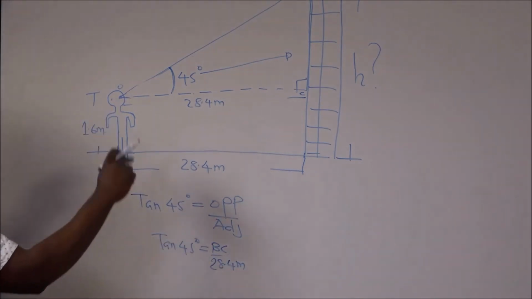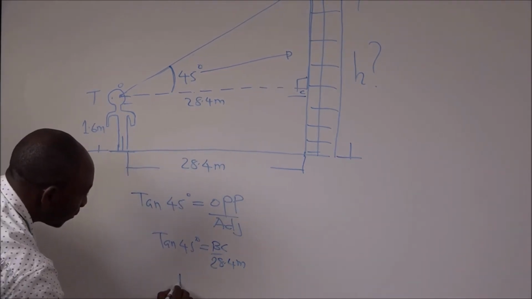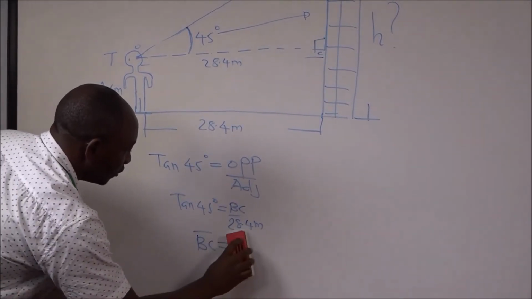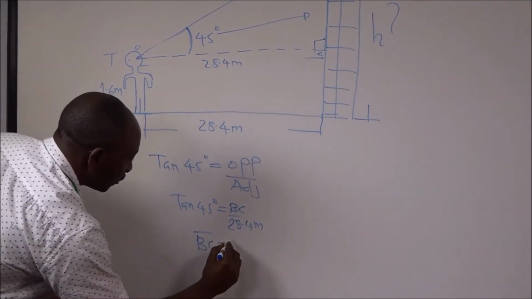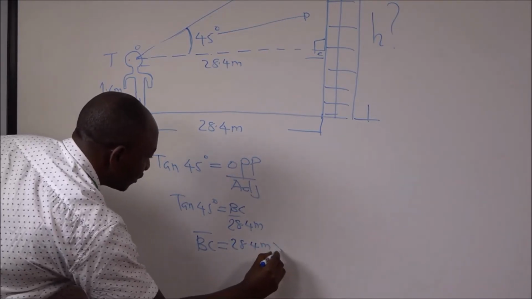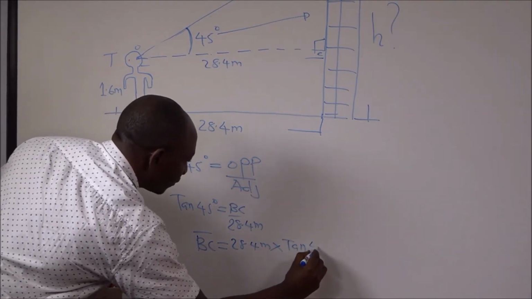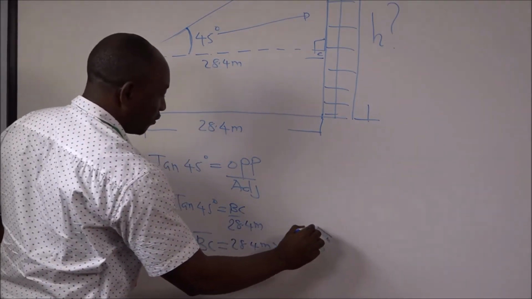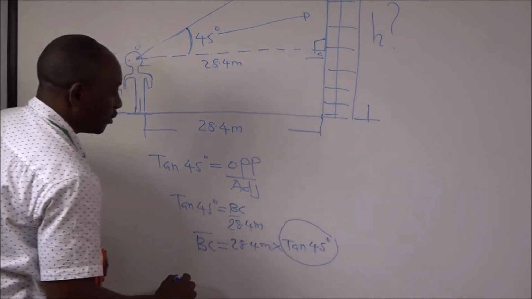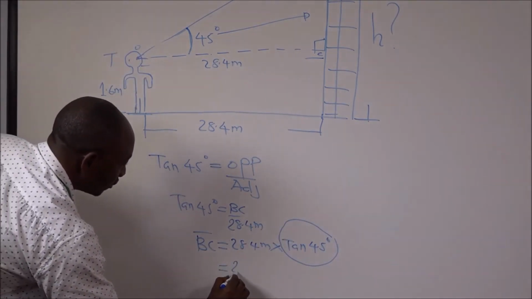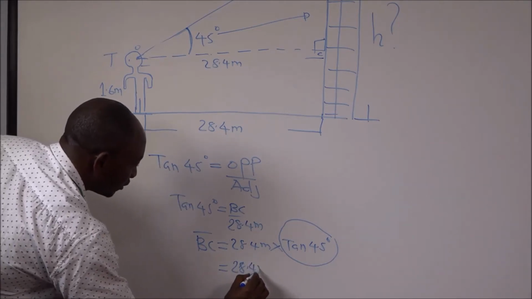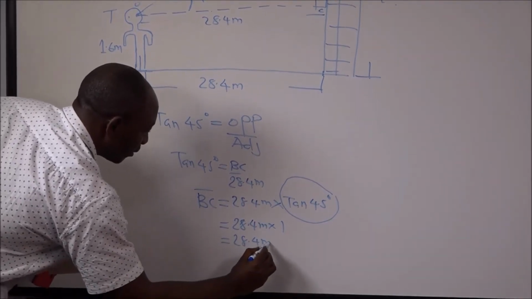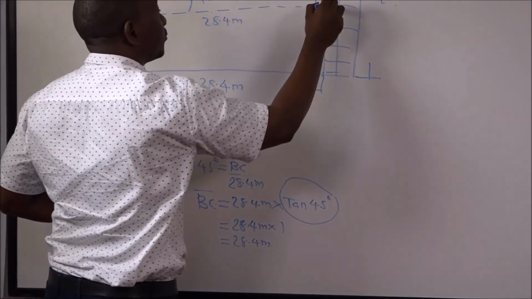So to calculate that BC, you have to cross multiply. So BC will be 28.4 meters times tan of angle 45. So we know 45 is a special angle, and tan of angle 45 is equal to 1. So that BC will be equal to 28.4 meters times 1. So you'll get 28.4. This is the height from here to here.